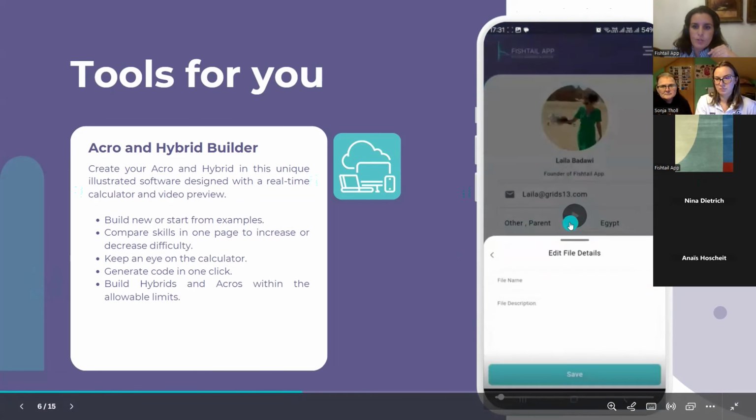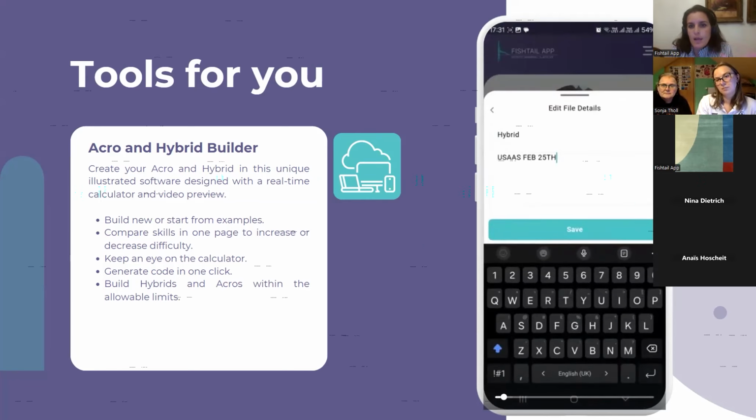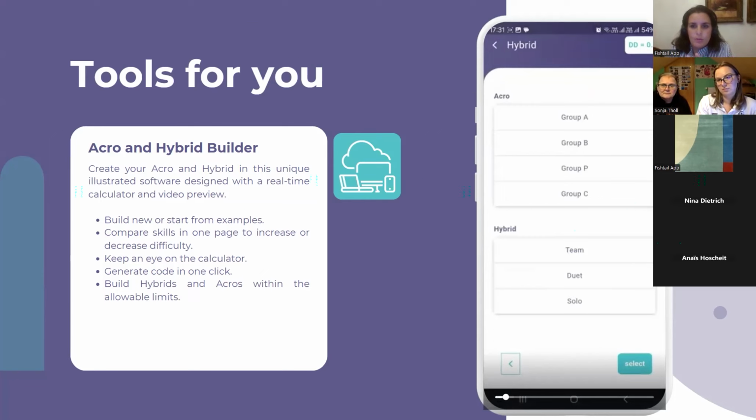Here, there are two options, the import from catalog or to start from an idea from zero. So when you import from catalog, it takes you to all the examples and you can take it and make changes to it. Here in this example, I'll be showing how to create a hybrid from nothing. So you just name the hybrid whatever, and then you put whatever description. And here you get to select.